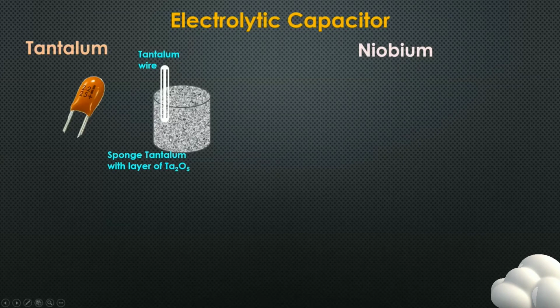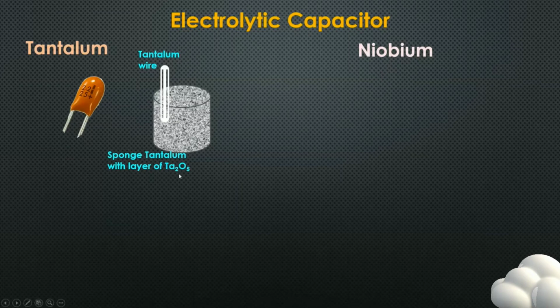A basic tantalum capacitor is shown in the figure. There is a sponge tantalum with a layer of tantalum oxide, Ta2O5, and a tantalum wire is embedded in that sponge tantalum base to form a capacitor. So this will be one electrode.